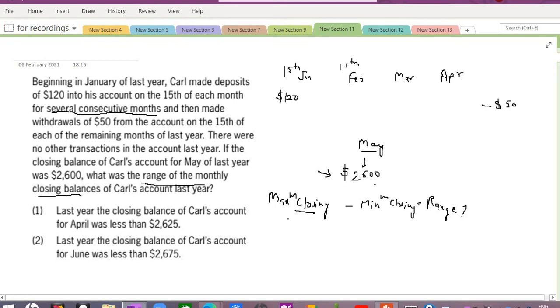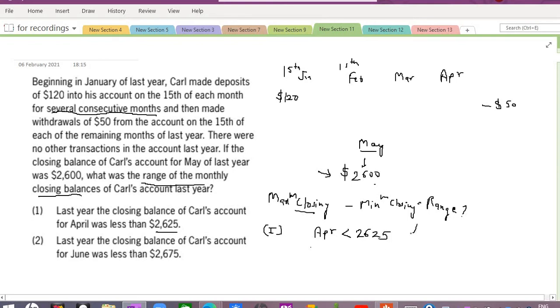Now let's move on to the statements. Let's go to statement 1. Statement 1 says that last year the closing balance of Carl's account for April was less than 2625. So April's closing balance was less than 2625.